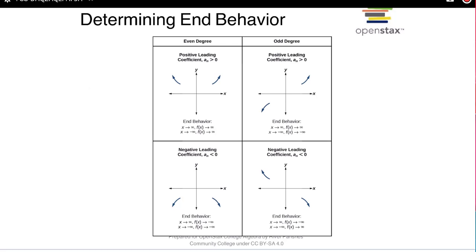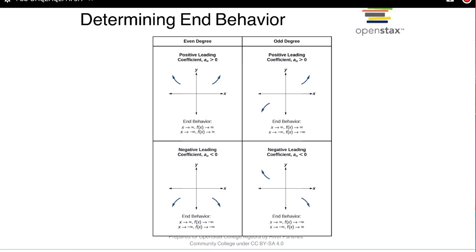So as x approaches positive infinity, if A is positive, then f of x also approaches infinity, for even degrees, and that's the same for odd degrees as well. As x approaches infinity for a negative leading coefficient, f of x approaches negative infinity. Same thing for the odd.